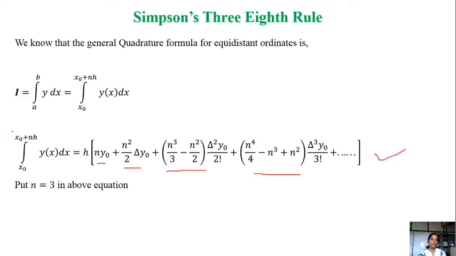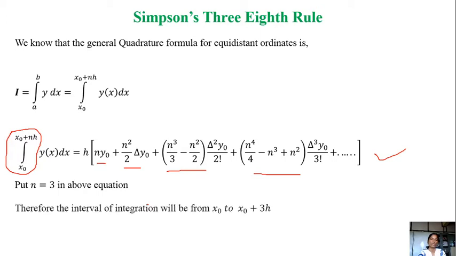Now if you put n equal to 3, on the LHS the limit of integration will be from x0 to x0 plus 3h. And how many functional values are in between these?